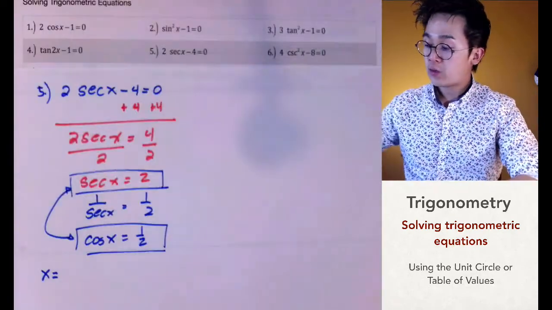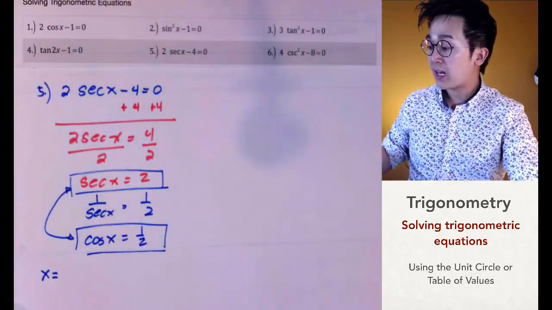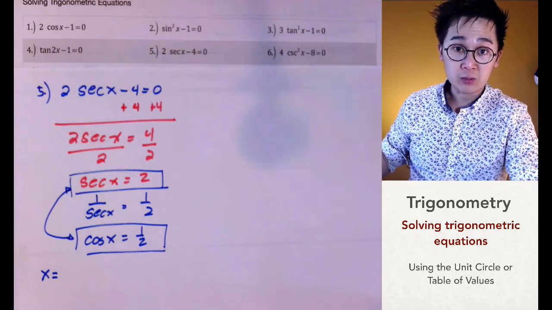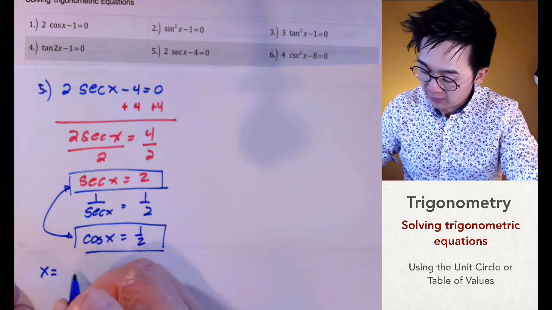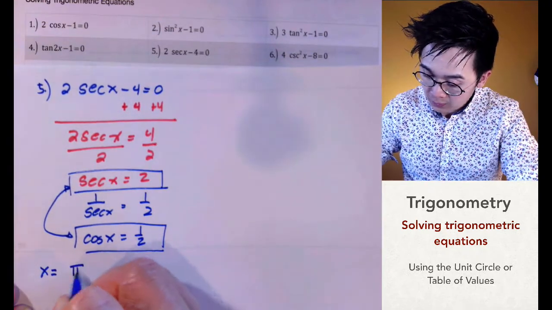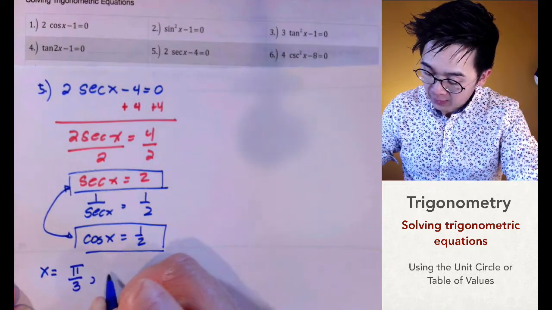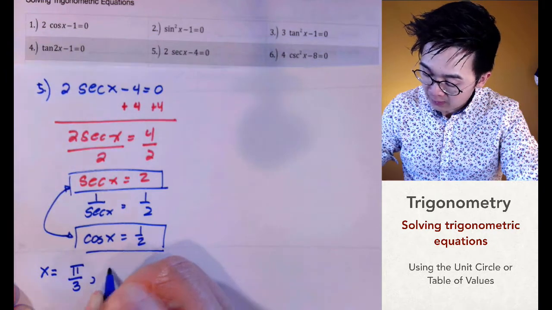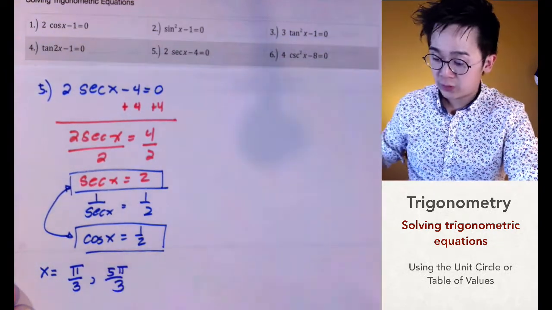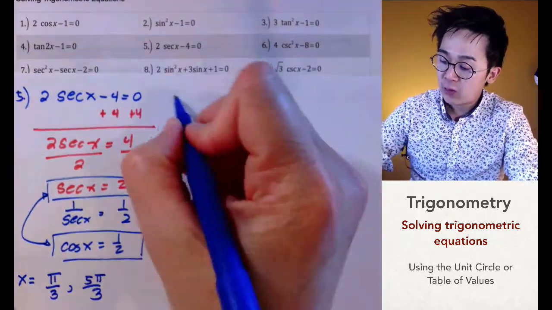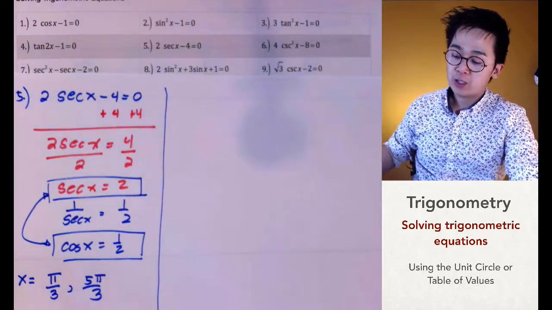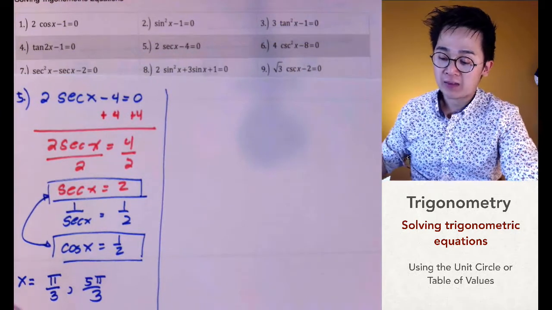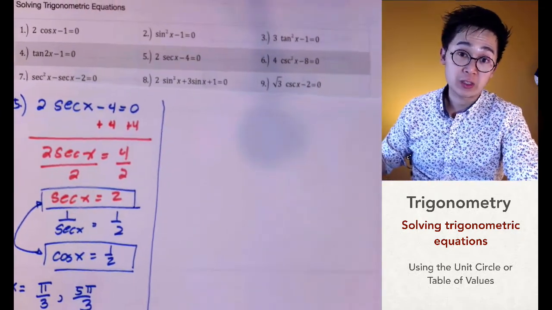So if you only have the sine, cosine, and tangent, just find its reciprocal so you can find its value. So for problem number 5, we have pi over 3 and 5 pi all over 3. So that's how we use our table of values if ever your table of values doesn't have the inverse function of the trig function.